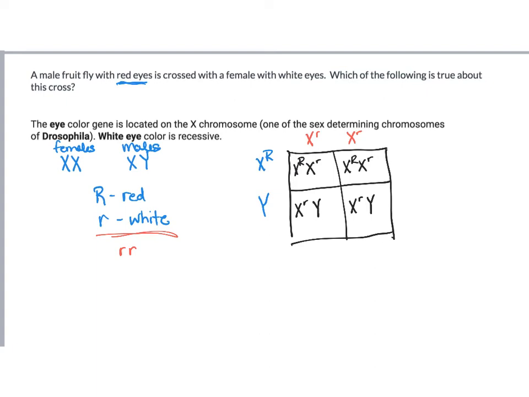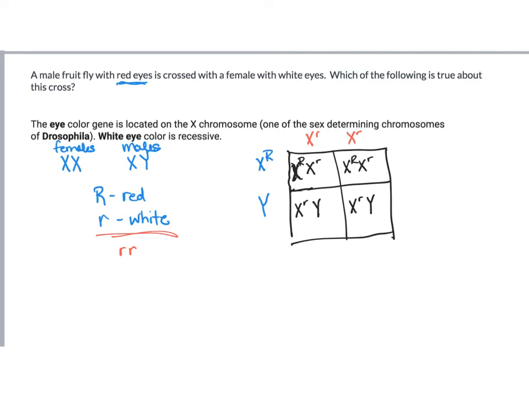So notice that the only color of eyes that the female can donate is little r. So anyway, so we have two females here, and both, let me see if I can erase that. Oops, shoot. Let's redraw that. And this is X, sorry. So we have both females.